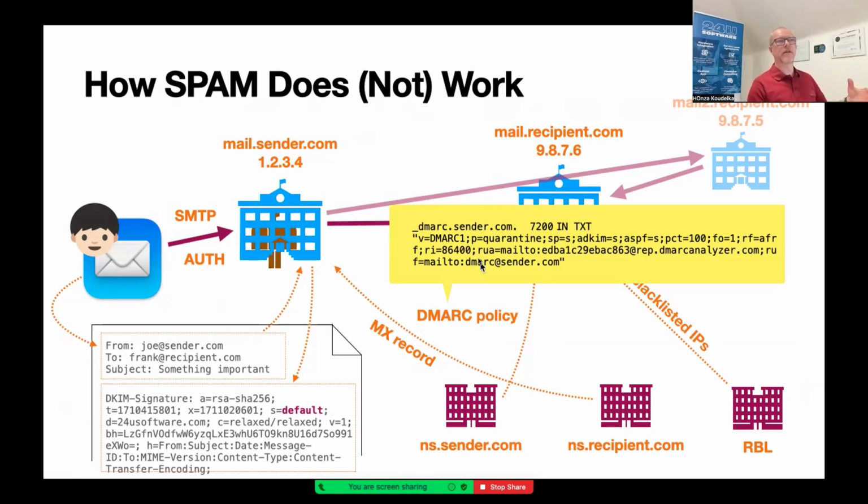And there are online services which you can pay for, which receive those reports from the DMARC policy, analyze them, and give you a very nice graphical representation of what is failing, what is succeeding, the most impersonated email addresses, all that stuff.